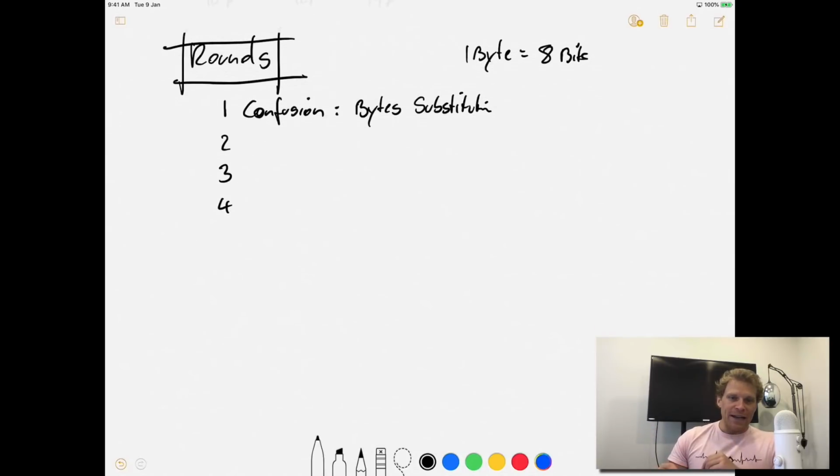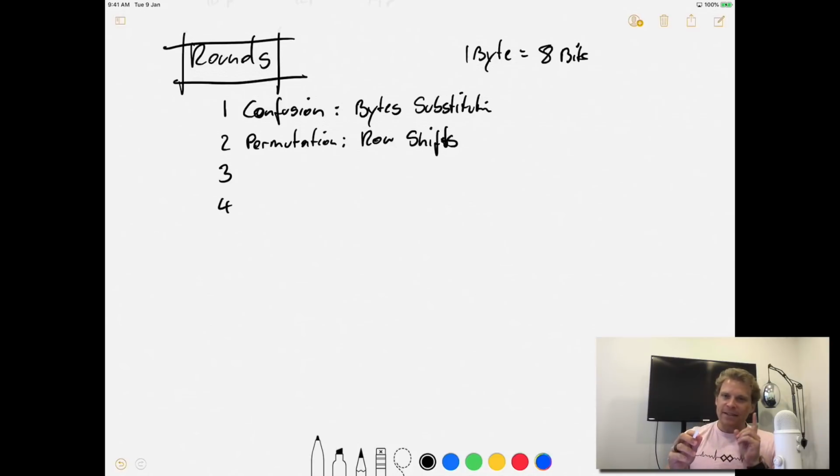The second one is called permutation, and permutation means that you do row shifts. Row shifts are very relevant. That means that the way one byte gets encrypted has an effect on the other bytes.